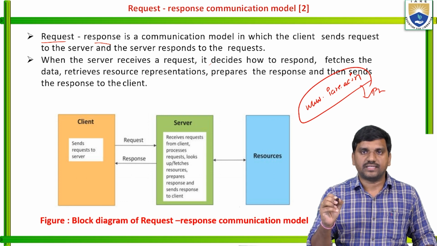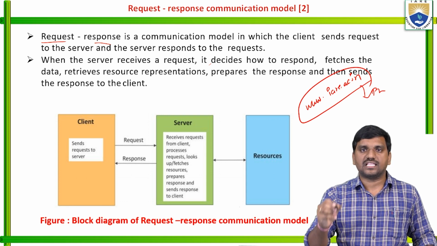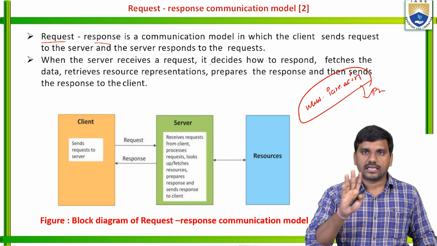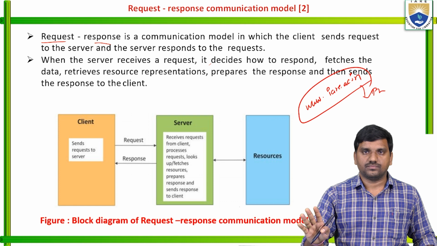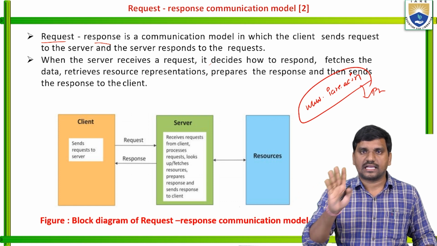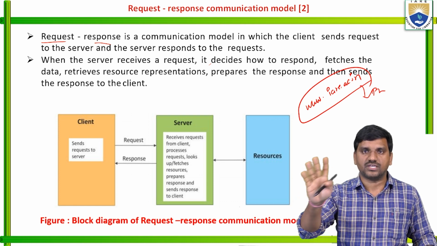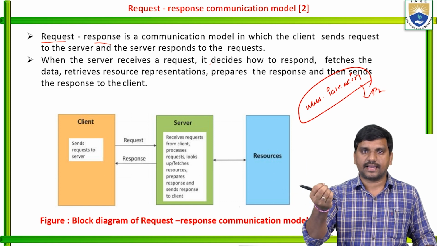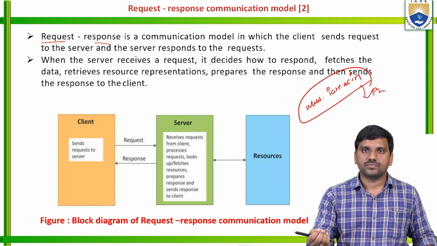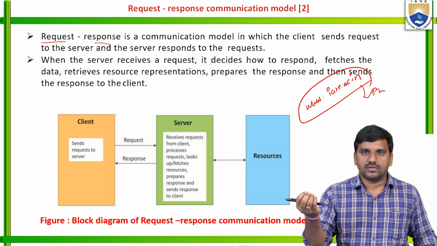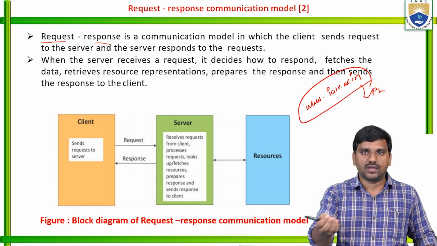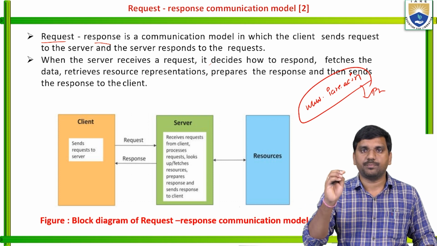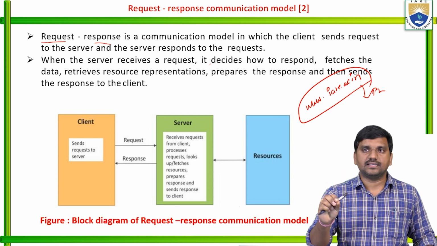The communication is going on between two things here, client and server. The client sends the request to the server. The server immediately takes the request from the client, fetches the data, and responds immediately to the particular request.